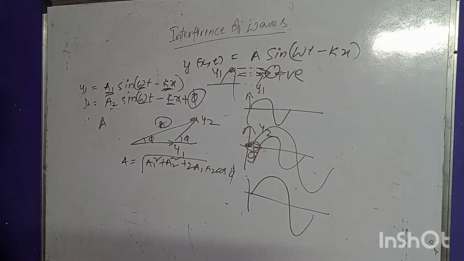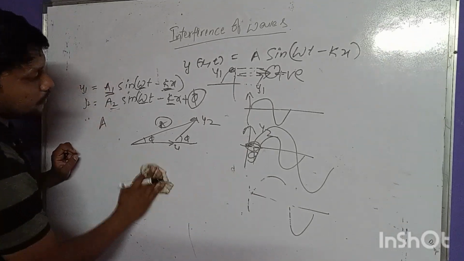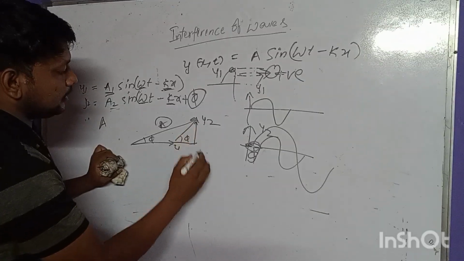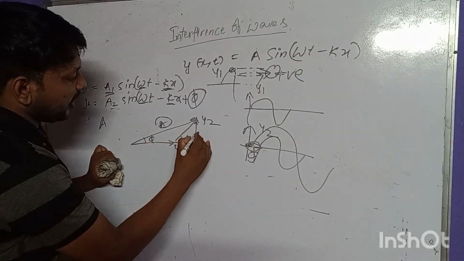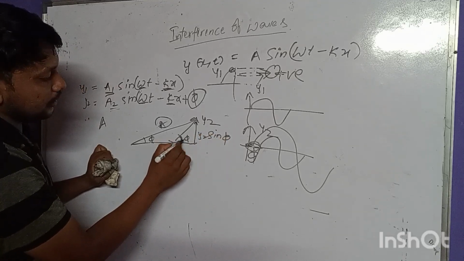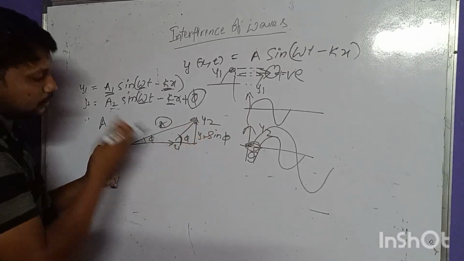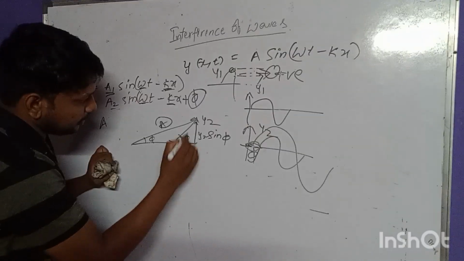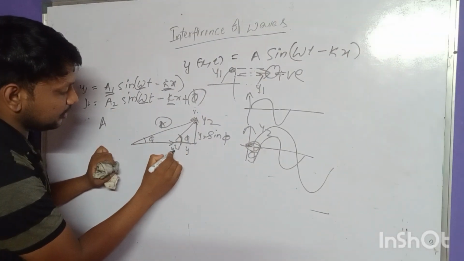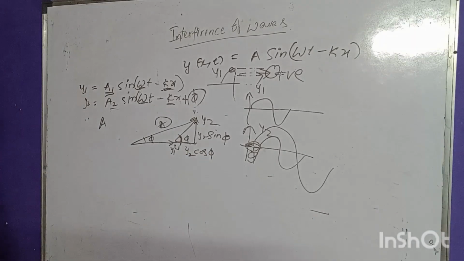How we find this new phase? Find this length is equal to y2 sin phi, right? This is phi, opposite side is y2 sin phi. This is y1, right? This is y1, this is y2 cos phi, right?